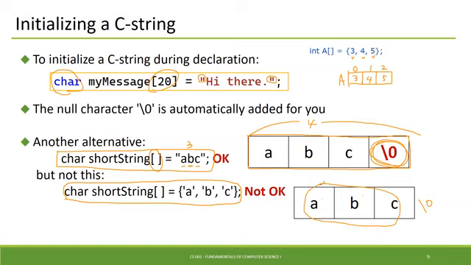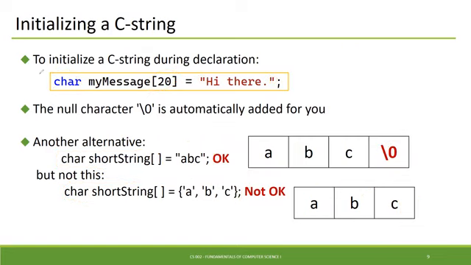So I recommend you use initialization like this or like this. It is pretty easy. Just use double quotes, and only be careful with the size of the space. Any question about this initialization?